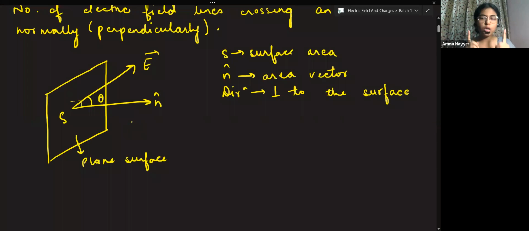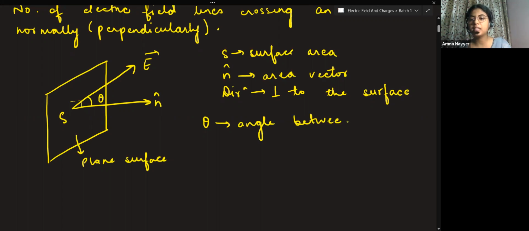Electric field line was making some angle with the plane surface as well, but we are not concerned with whatever angle electric field is making with the plane surface. We are concerned about this theta. What is this theta? Theta is the angle between electric field and the area vector.